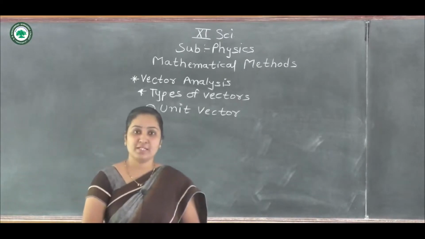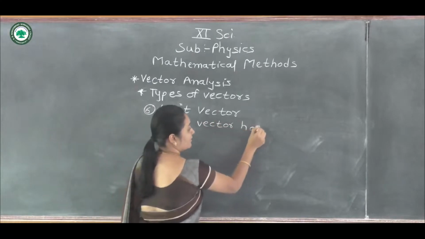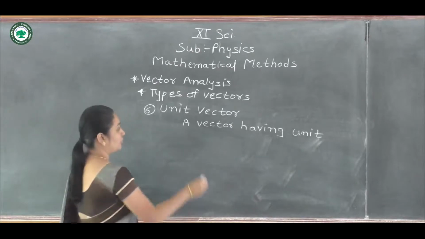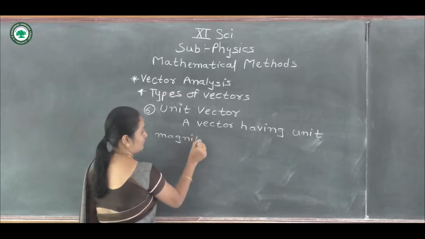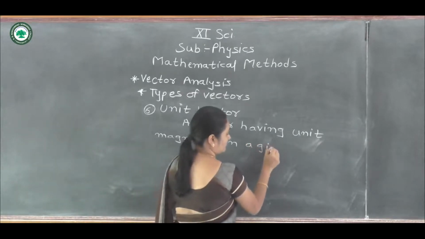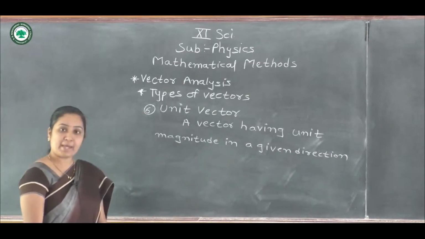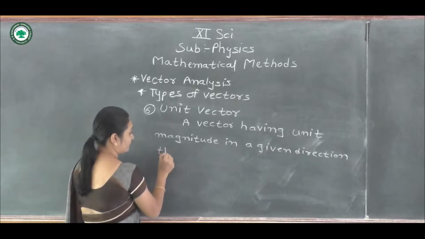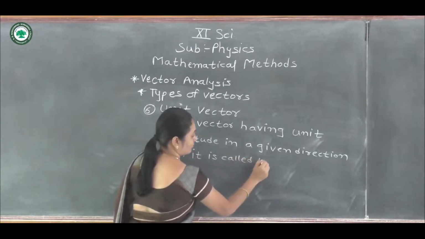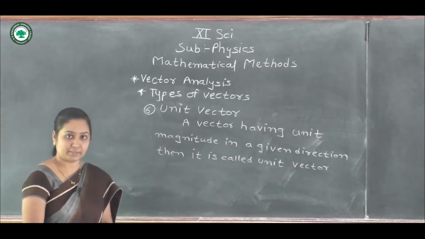A vector having unit magnitude in a given direction, that vector is called a unit vector.